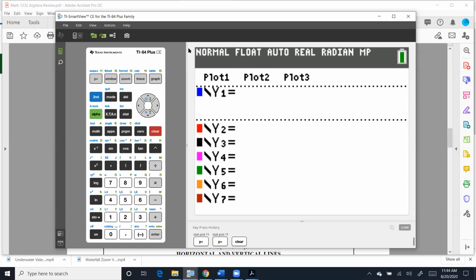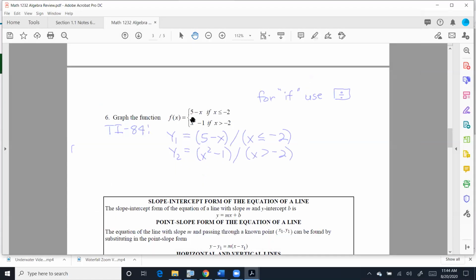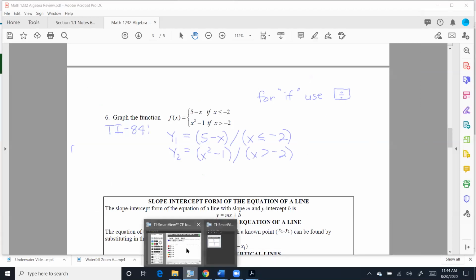Now I have to remind myself. It's 5 minus x. So in parentheses, 5 minus x, close the parentheses, the division symbol, open parentheses again, and then I wanted x less than or equal to -2.